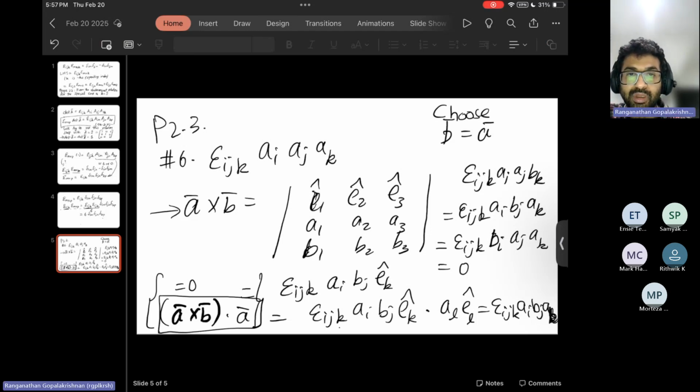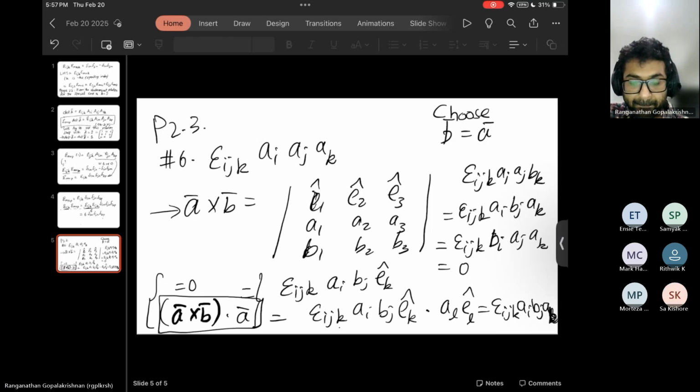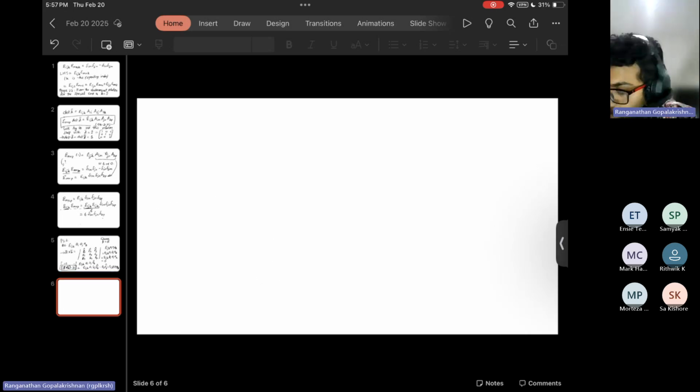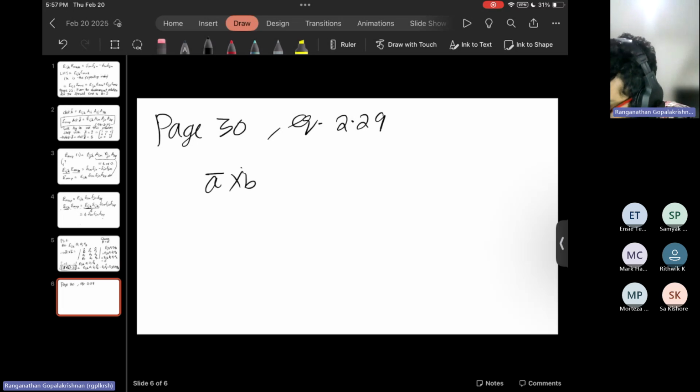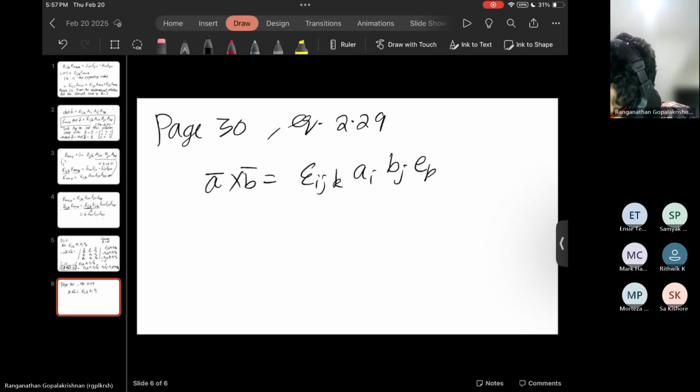If I refer you to one of the identities before, on page 30, equation 2.29 says A cross B is equal to epsilon ijk ai bj ek.